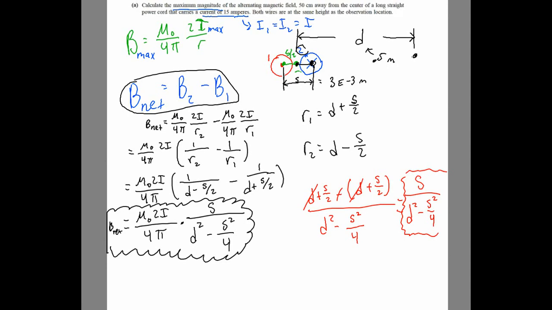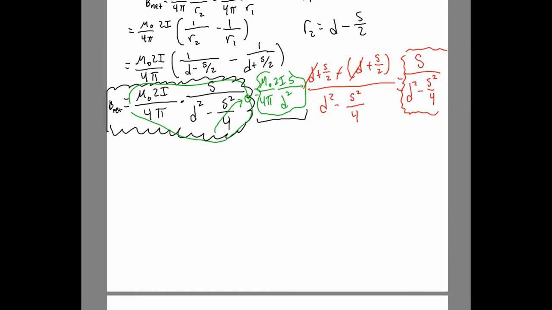We know that d is quite a bit larger than s. So if we wanted to, we could approximate and say that s squared divided by 4 is negligible and basically equals 0. Then if we approximated, it would be mu naught over 4 pi times 2I s divided by d squared.